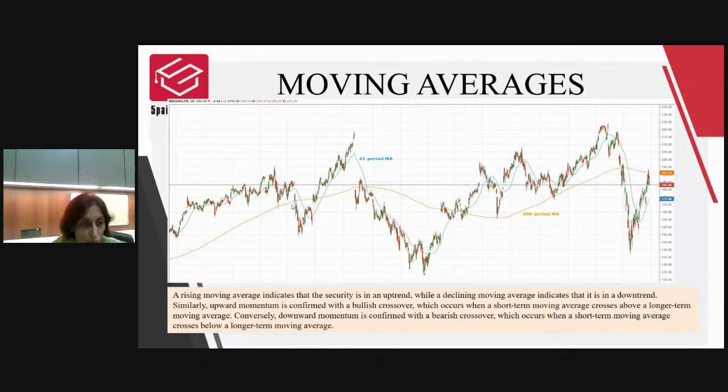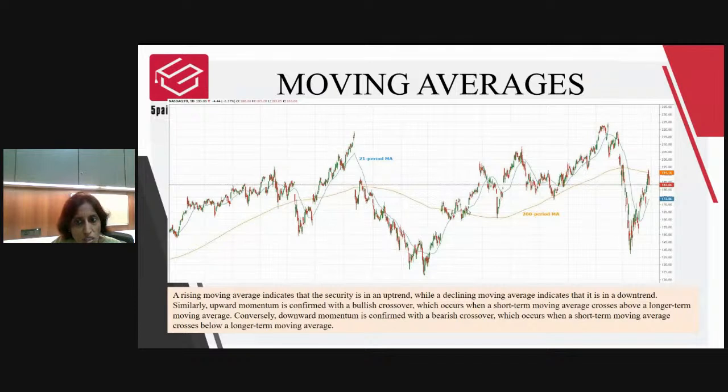Remember, this is a 200 period moving average, and it is indicating an uptrend. Here also, in a 21 period moving average, you see an uptrend. So the markets are going upward. These moving averages show which direction the market is broadly trending towards.